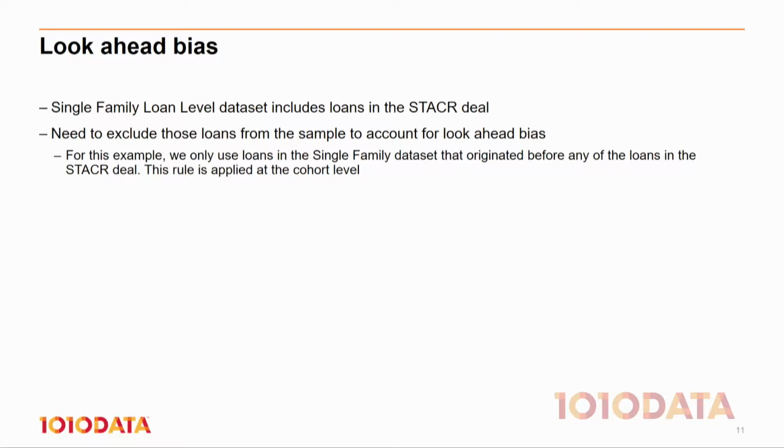So what I'm suggesting is that you can try to solve this problem, once you create the cohorts using the 4 variables that I'm suggesting, in this way. Let's say you pick a deal on the Stacker side. You have the 4 variables, and then you see for each one of the loans in the Stacker deal the cohort in which it goes. Let's say that for a particular cohort you have 3 loans.